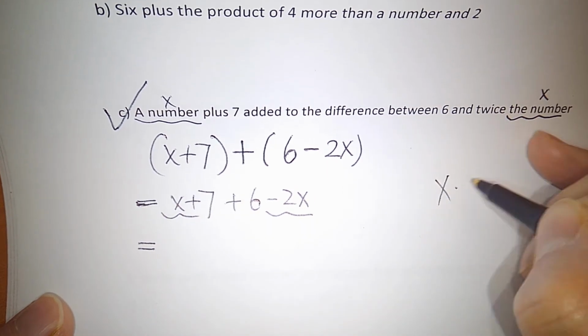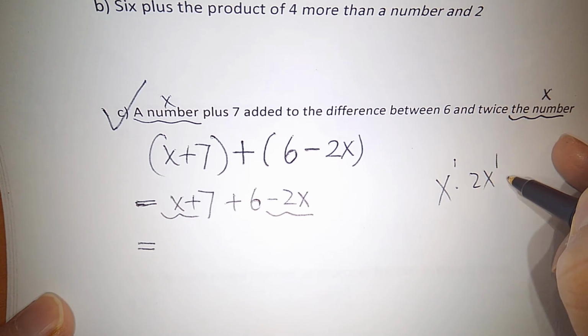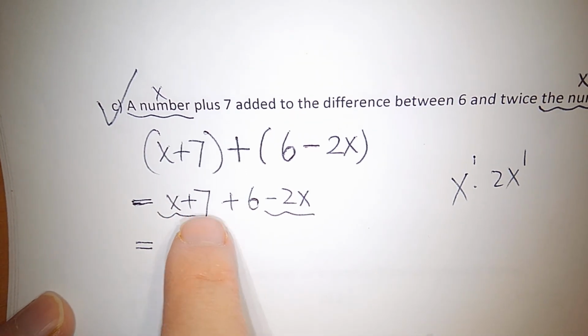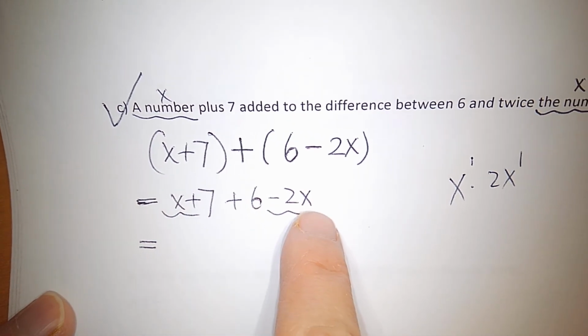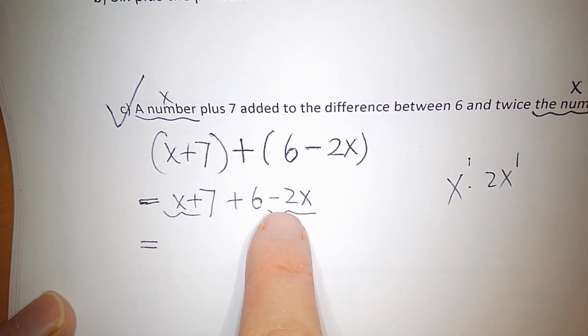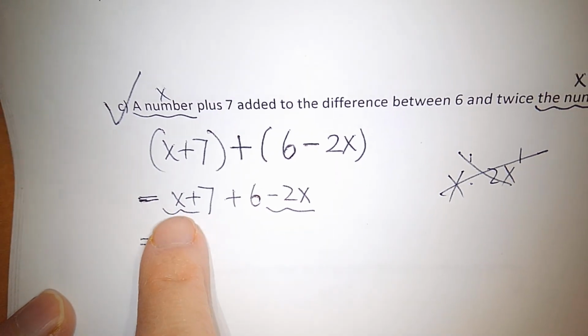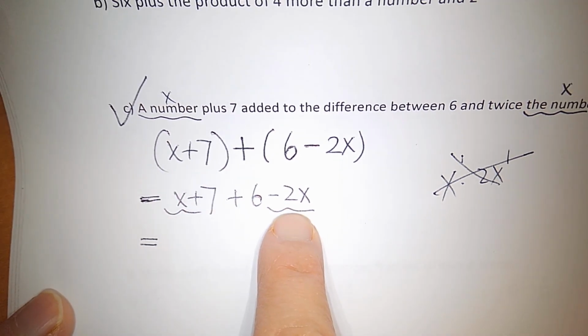It's not x times 2x, where if it's multiplication, you will get a square. This is x plus 7 plus 6 minus 2x. So only addition, subtraction will not raise the power of x, right? So x and negative 2x are like terms, right? Give us what? Negative 2x.